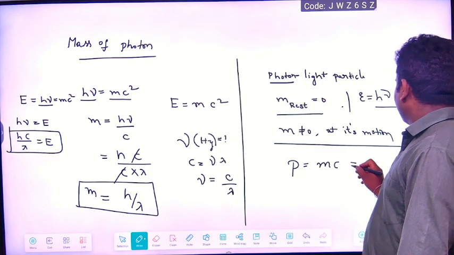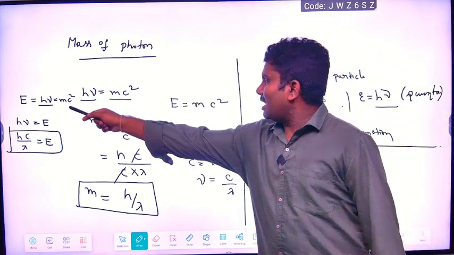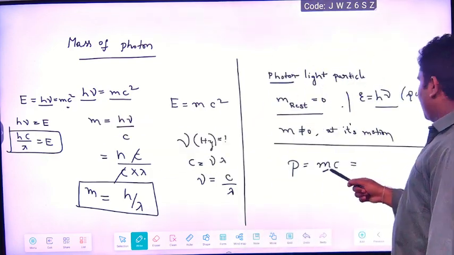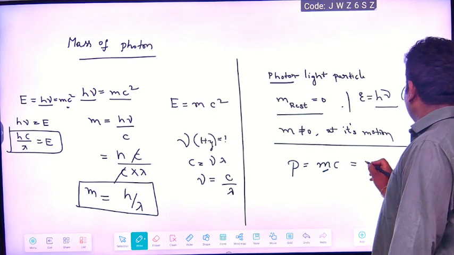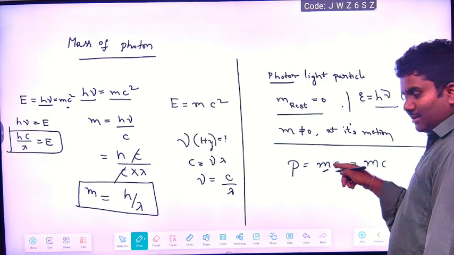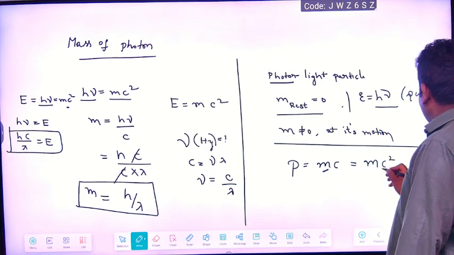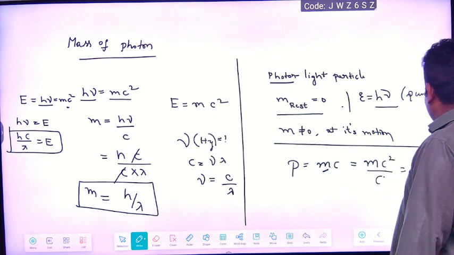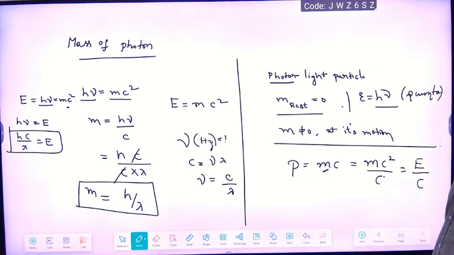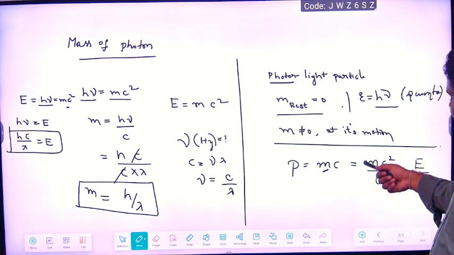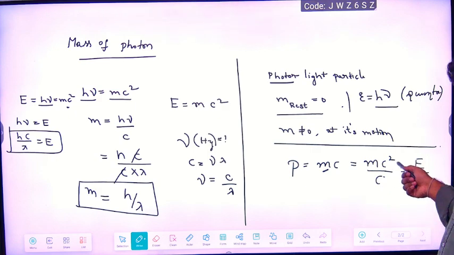But you know, E is equal to what? mc square. Now P is equal to mc. If you multiply one more c, m into c is already there, multiply one more c, it is c square divided by c. So it is E by c. That is the momentum.